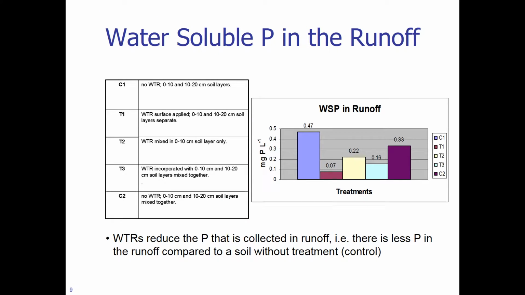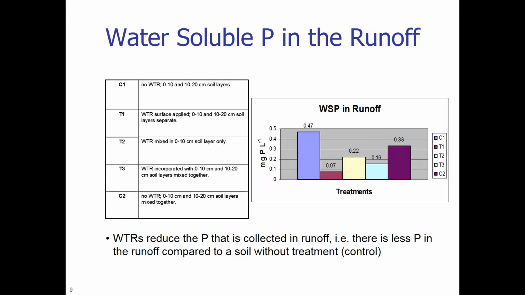Now, let us look at the water-soluble P in the runoff. C1 says no water treatment residual, and you have 0 to 10 and 10 to 20 centimeter soil layers. Treatment 1 is WTR, surface applied. Treatment 2, T2, is WTR mixed in the 0 to 10 centimeter soil layer only. Treatment 3 is WTR incorporated with the 0 to 10 centimeter and 10 to 20 centimeter soil layers mixed together.